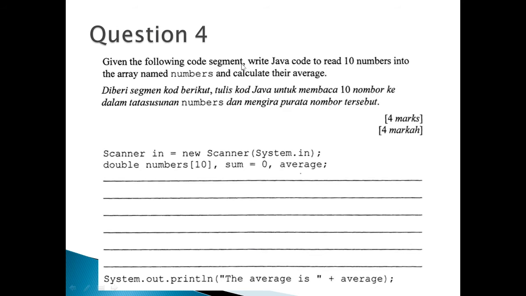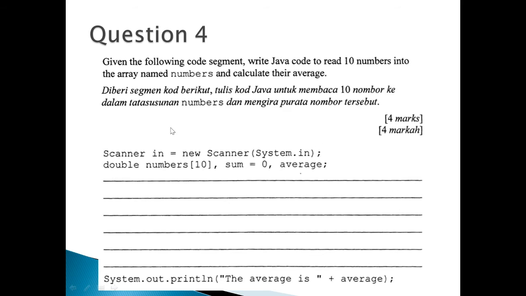Okay, given the following segment of Java code to read 10 numbers into the array named numbers and calculate their average. So you need to create an array with 10 numbers. 10 numbers means the size is 10, the name is numbers, and then at the end calculate the average.